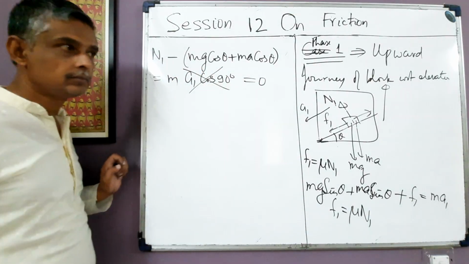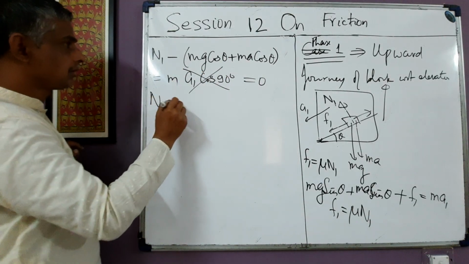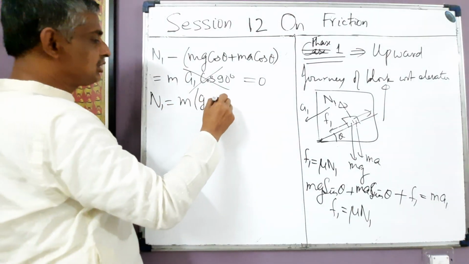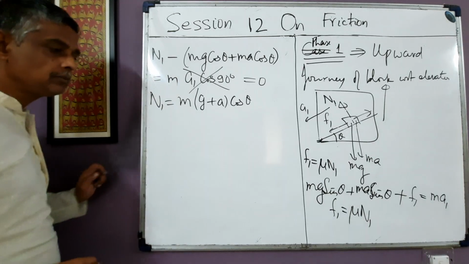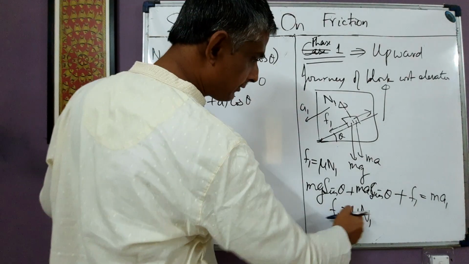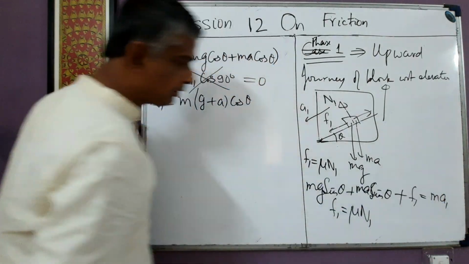So N1 becomes m into (g plus a) cos theta. Substituting this N1 we get F1, and putting this F1 here we get the value of a1.